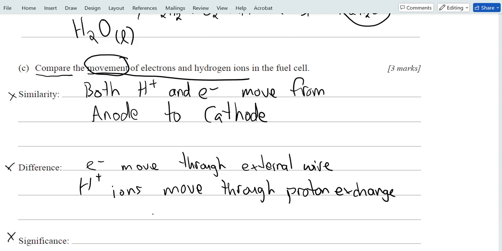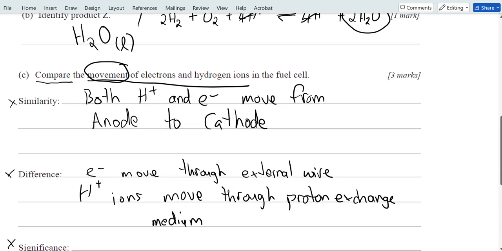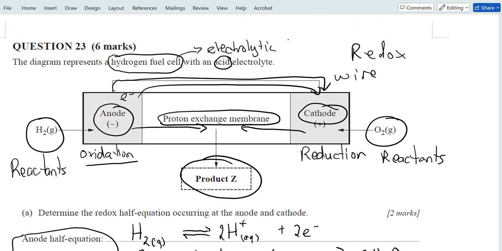You can see here that we're not explaining why, but we do need to in the significance. The significance is perhaps why they are doing this. Why are they moving from the anode to the cathode? The significance of that is it generates electricity, and that's what we want with our galvanic and electrolytic cells. So we want an electropotential difference.